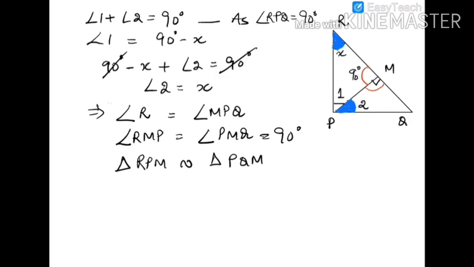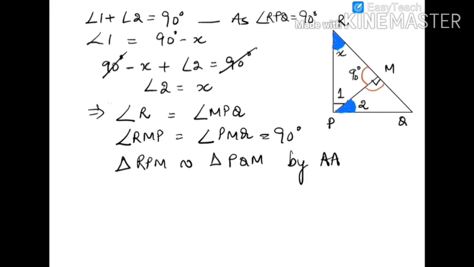Notice that the vertex R of this triangle corresponds to vertex P. M of one triangle corresponds to M of the other triangle. Therefore, P of the first triangle will correspond to Q of the second triangle. So triangle RPM will be similar to triangle PQM by angle-angle criteria.